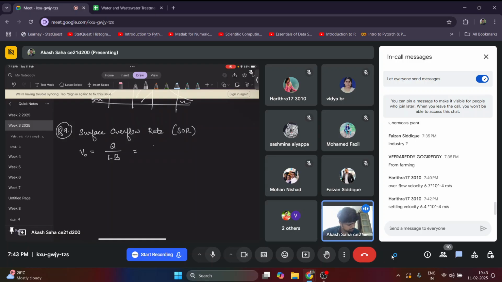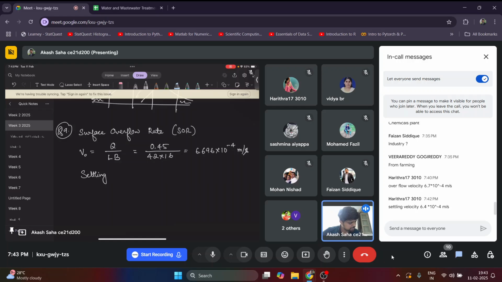So it will be nothing but 0.45 divided by 42 into 16. This is 6.696 into 10 raised to power minus 4 meter per second. So very simple and direct.